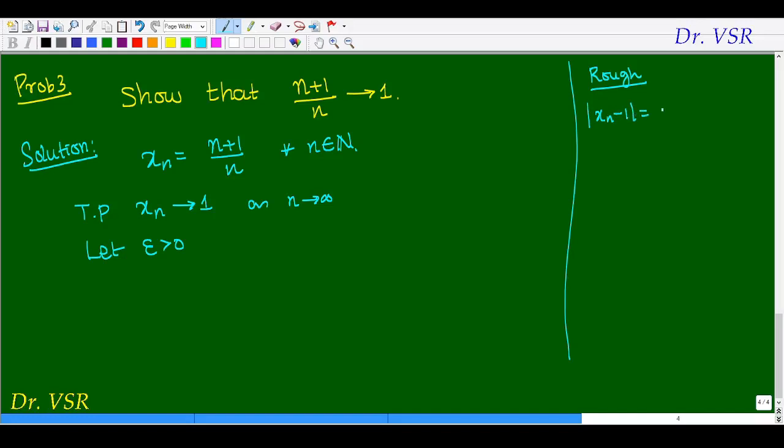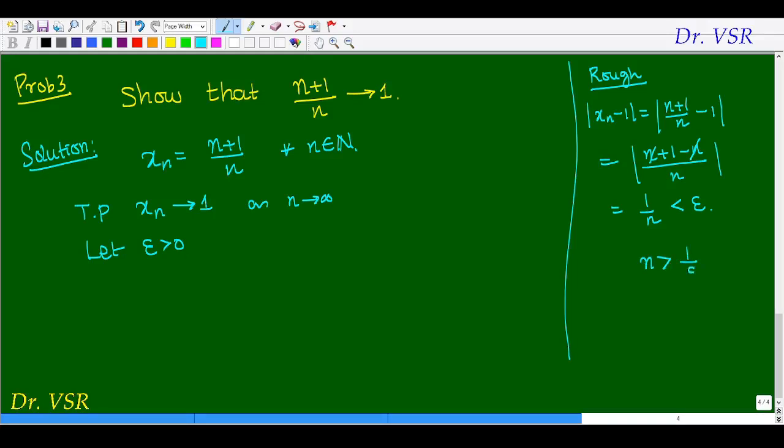This is equal to modulus of n plus 1 divided by n minus 1, which is equal to modulus of n plus 1 minus n divided by n. What do we get? These two cancel out. This is equal to 1 by n. So 1 by n should be less than what? It should be less than epsilon. So what am I going to choose? This implies that this n must be greater than 1 by epsilon.